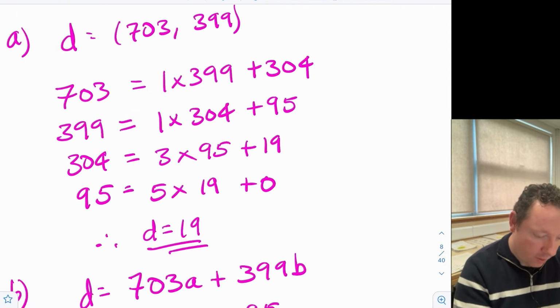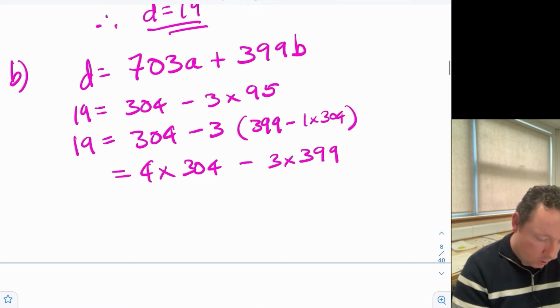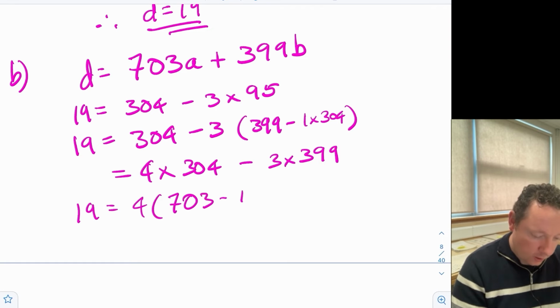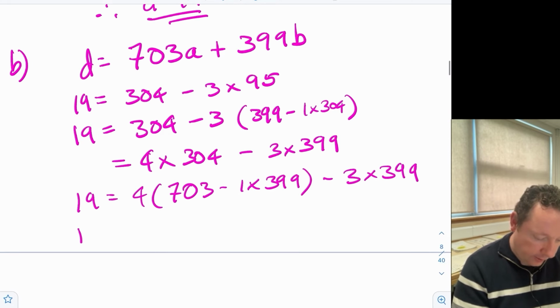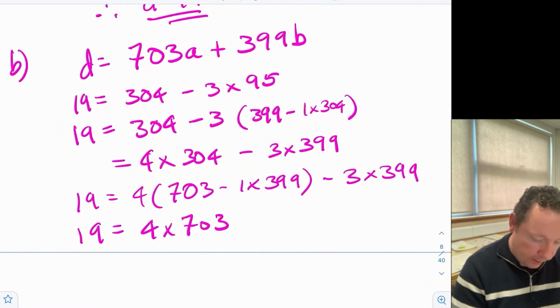So moving up again, 304 is 703 minus 399. So that means that 19 equals 4 times 703 minus 1 times 399. And we've got minus 3 times 399 still. So that 19 equals 4 times 703 minus 4 399s minus 3 399s is minus 7 times 399.